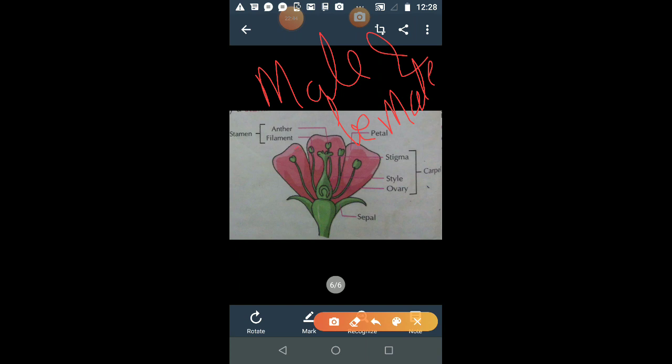Pollen grains are inside this anther. So pollen grains of the same flower enter into the stigma. This is the stigma. Pollen grains of the same flower enter into the stigma of the same flower. So what type of pollination takes place? This is known as self pollination.